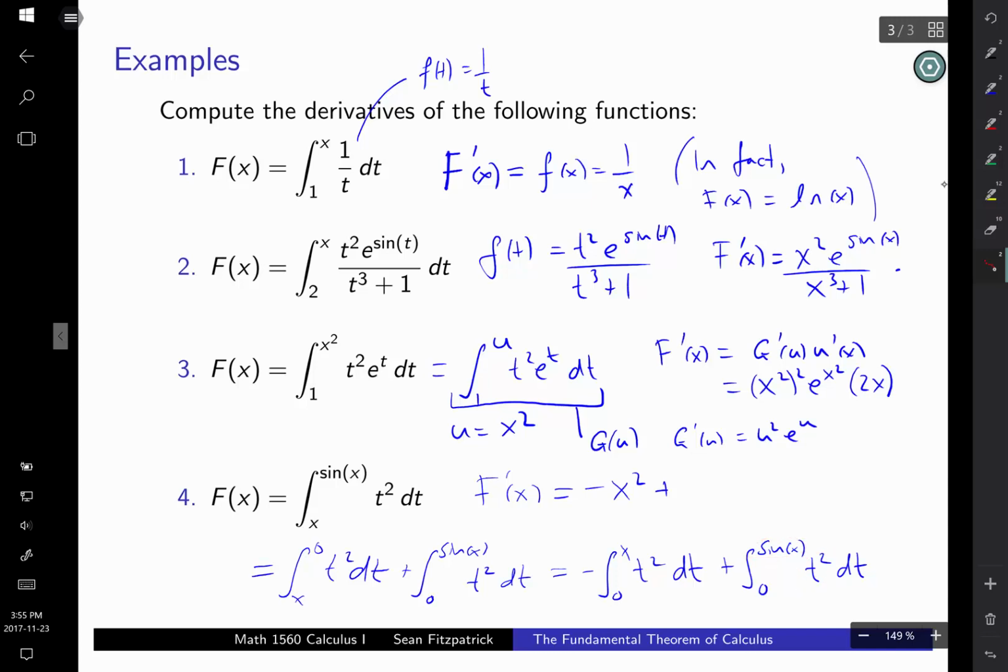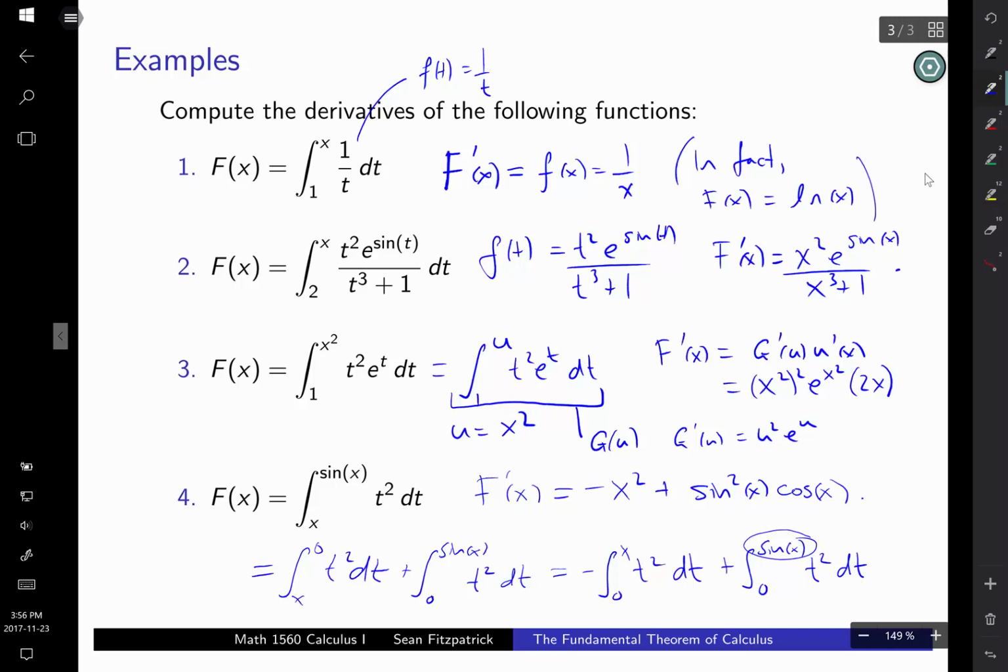So the sine x goes in for t. So we get sine squared x. But then I've got to multiply by the derivative of the inside part, and the inside part is sine. What's the derivative of sine? It's cos.